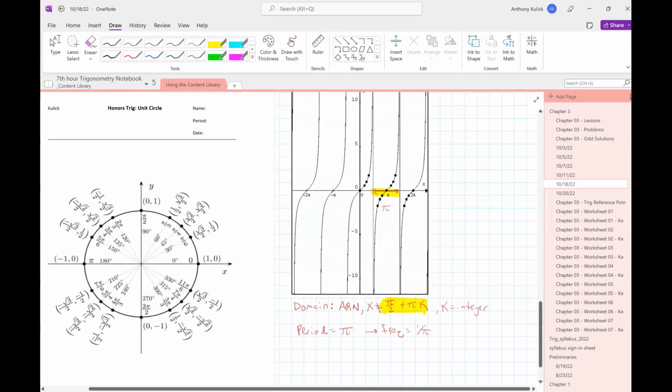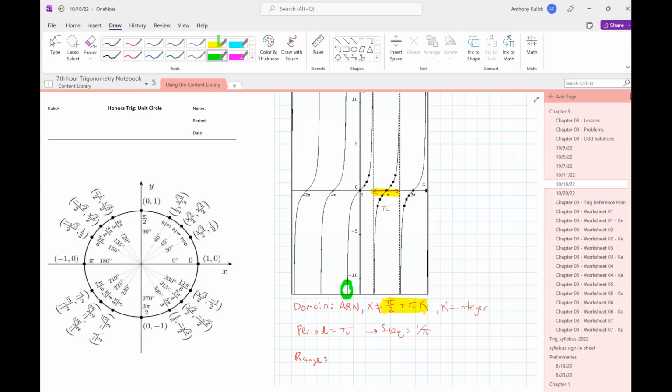Okay. What's the range going to be then? Is there a global maximum or a global minimum for this function? No, there's not. Why not?